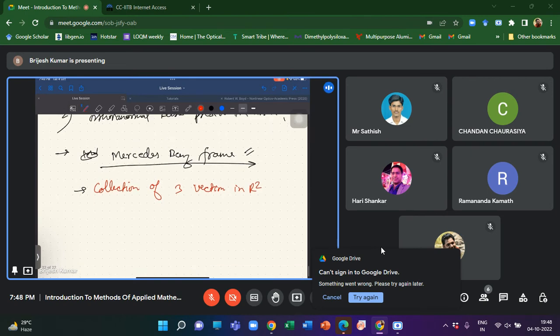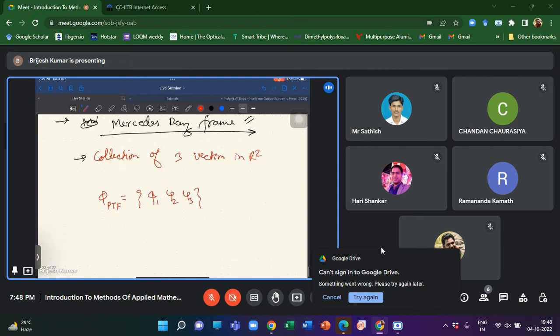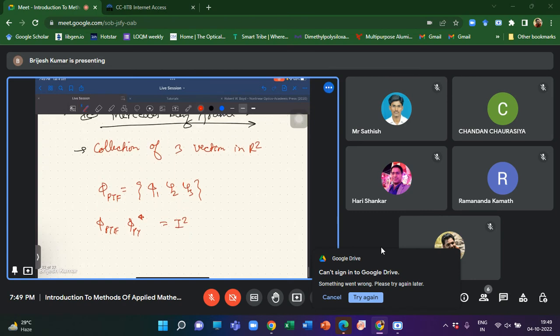We consider phi PTF equal to three vectors phi 1, phi 2 and phi 3, where the frame has been scaled so that phi PTF times phi PTF star will be I squared, because we are considering the normalized one.